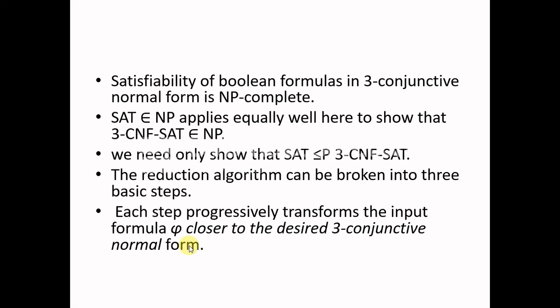So the reduction from SAT to 3 CNF SAT can be done in 3 basic steps, and each step transforms the input formula phi closer to the desired 3 CNF form.